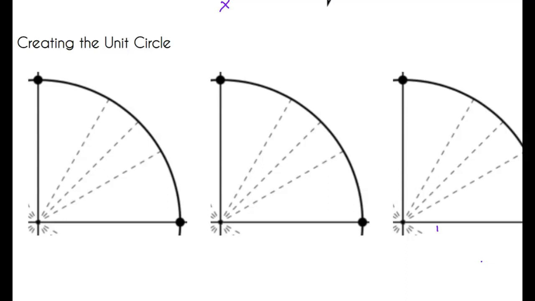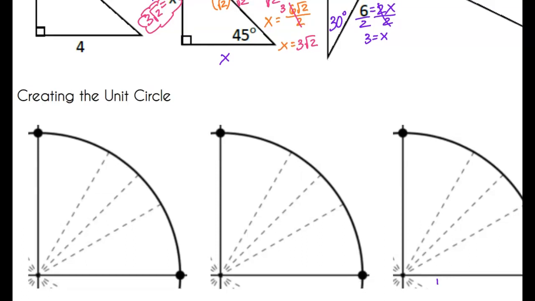So if we're looking at the x and y plane, this is our first quadrant: quadrant 1, quadrant 2, quadrant 3, and quadrant 4. So what we're looking at now is quadrant 1 of our unit circle.